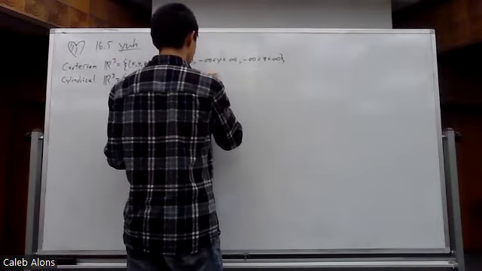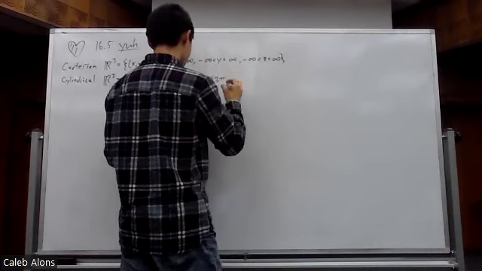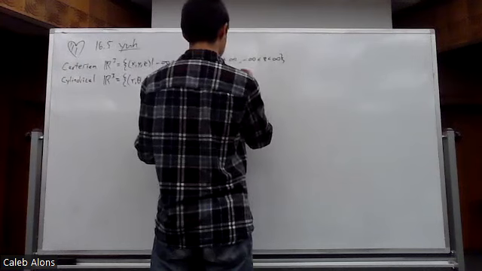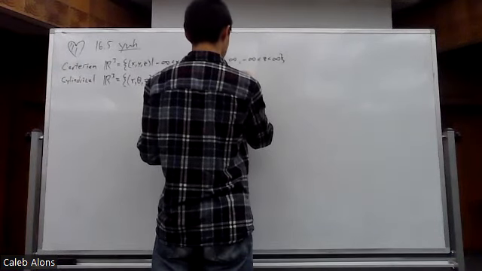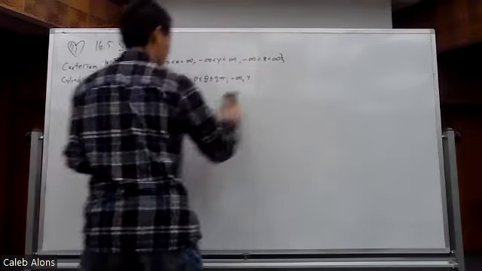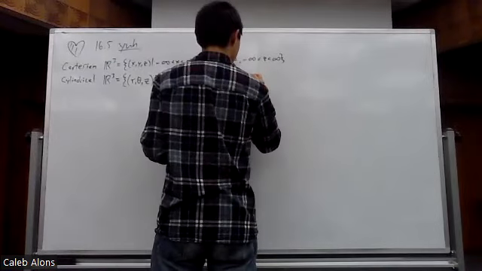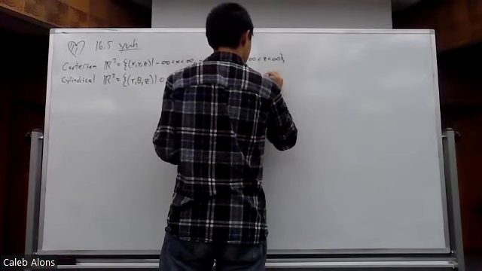Theta is actually finitely bounded between what? Zero and 2 pi, because that's just rotating around. And then z is the same as in Cartesian: negative infinity is less than z is less than positive infinity.